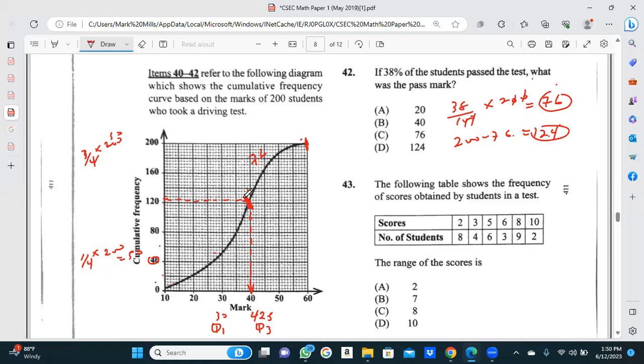What does this mean? From this point to this point here, those are the 76 students. The lowest mark they should obtain to pass would have been 40. Anybody who gets below 40 will fail, which is from here coming down. Everybody understand that part? Yeah, it's clearer now, right?